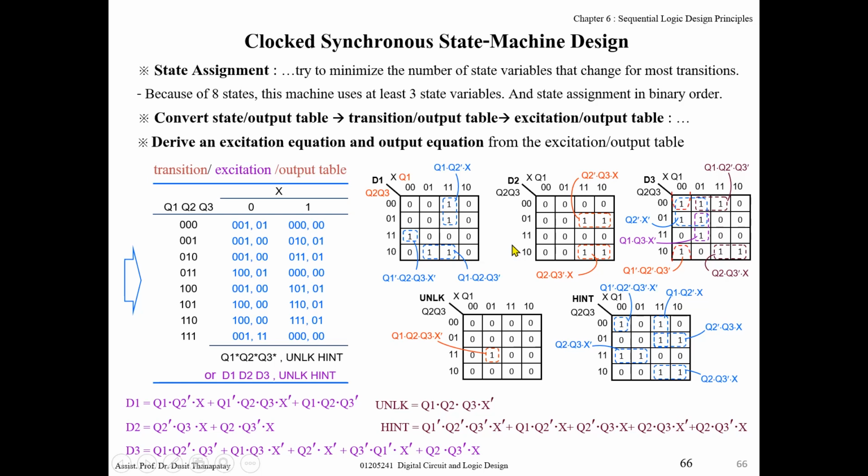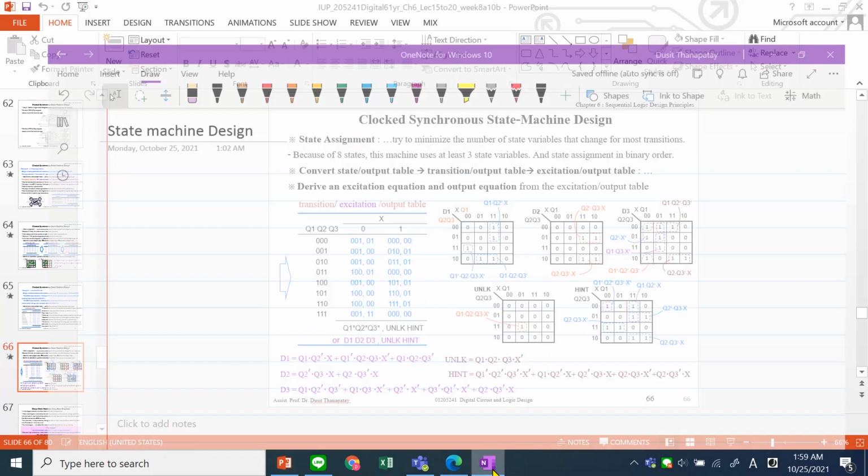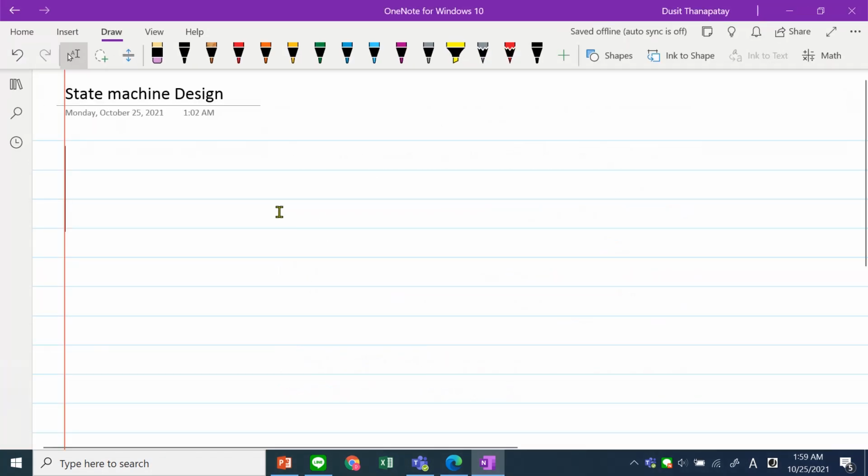And for one more example, let me write it down here. Okay, if I want to design a 2-bit binary counter, I can count up and count down, to get this circuit.